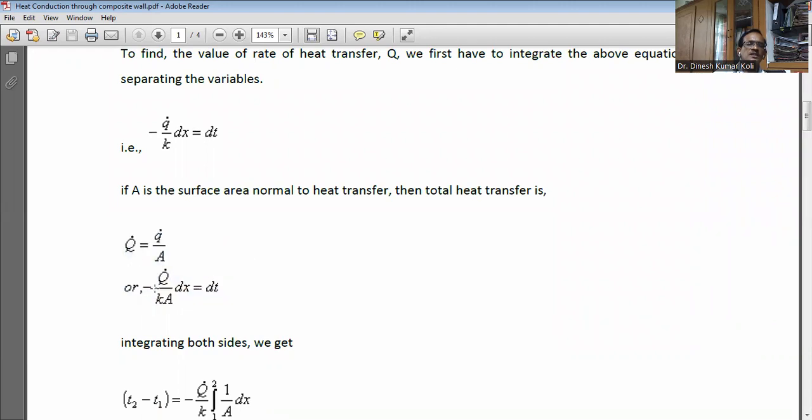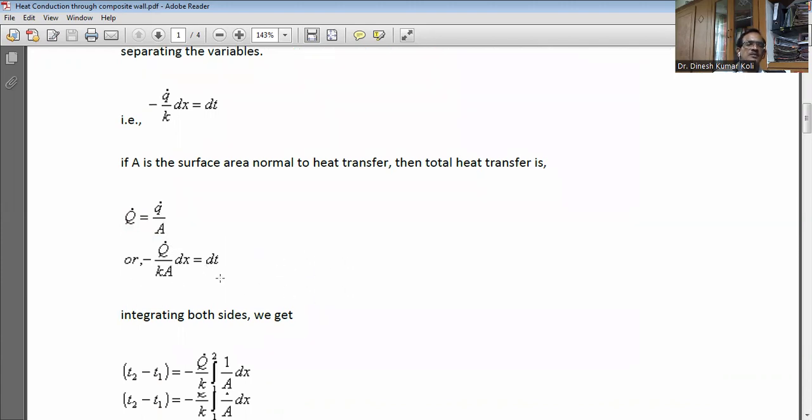By integrating this, dT becomes T2 minus T1, and this is Q by kA, integrated from 1 to 2 of dx.